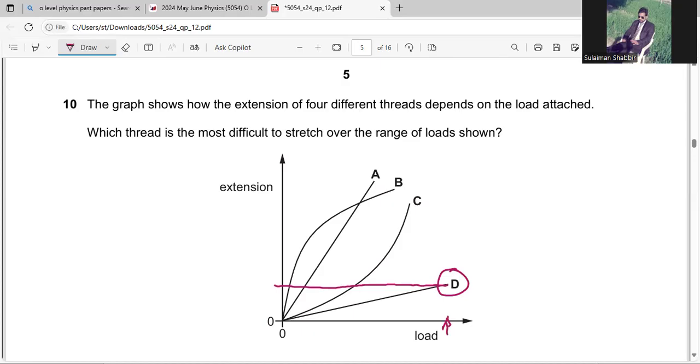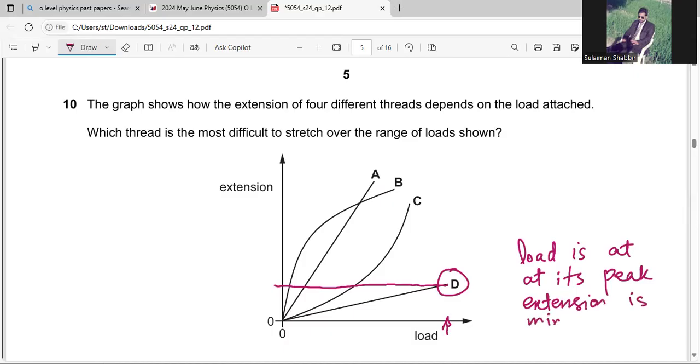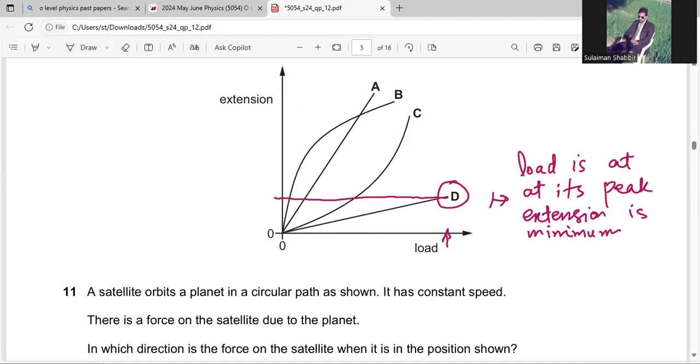When the load is at its peak, extension is minimum. So it has the minimum value on the graph and should be taken into account.